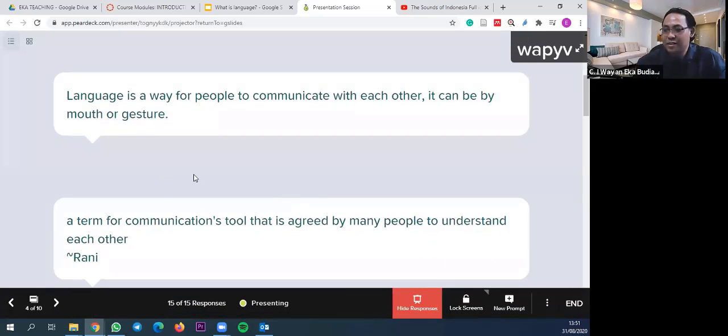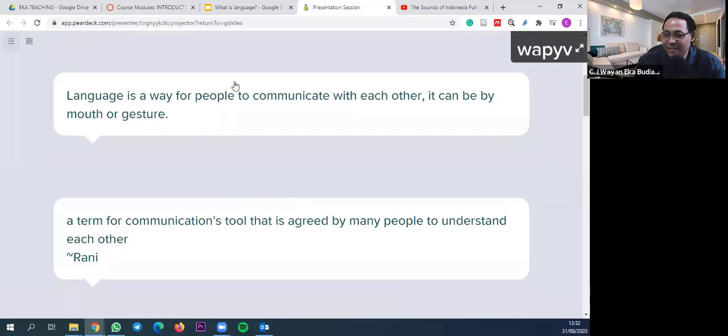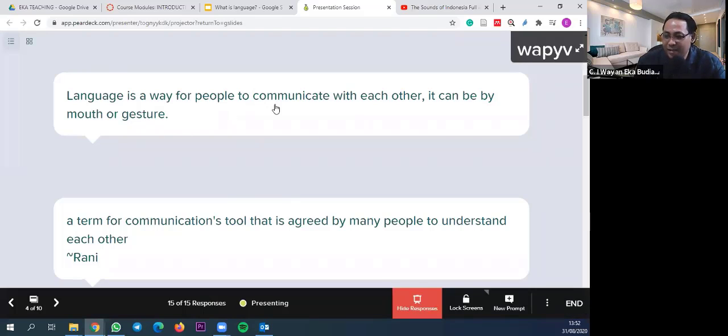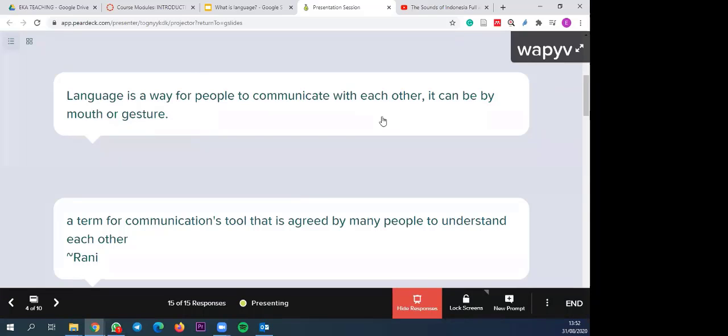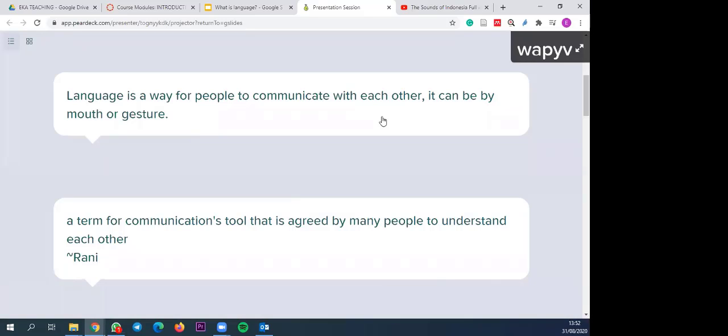The next one: language is a way for people to communicate with each other. Who said this? Me, sir. Yes, go on, Yala. So for me, language is a way to tell people what we want to talk about, what we want them to know, and it can be by mood or gesture.